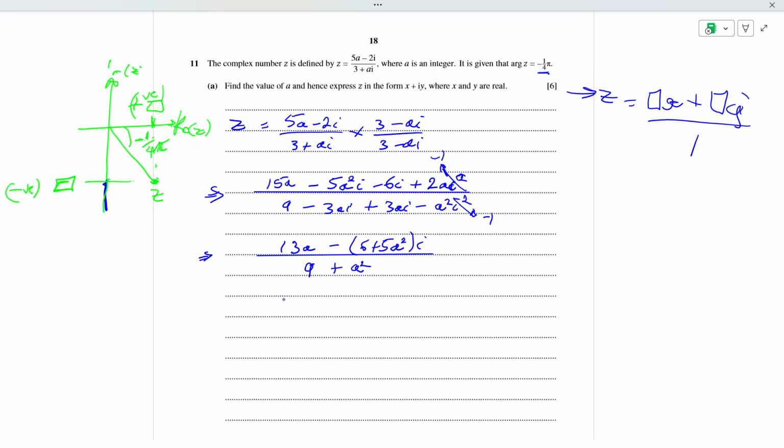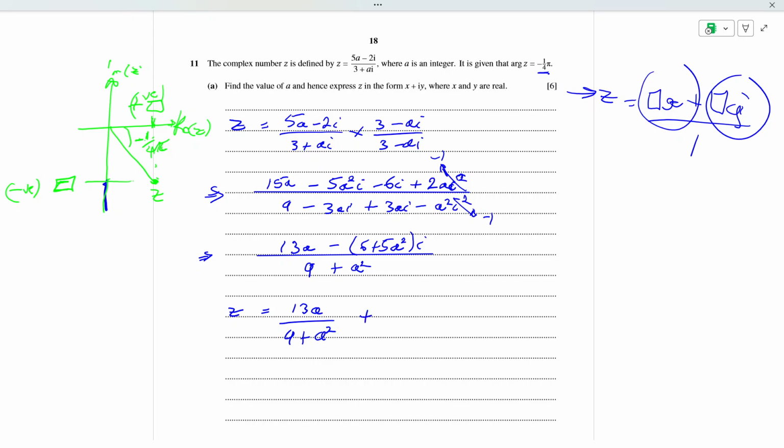So then we can split it, to convert to this form here, where we have a coefficient x and a coefficient yi. We do that, we have z is equal to 13a over 9 plus a squared, right?